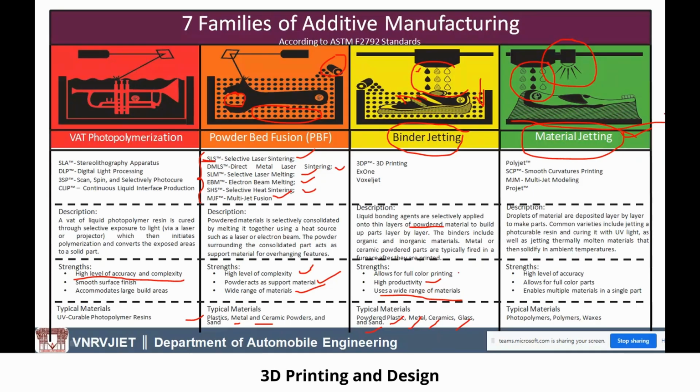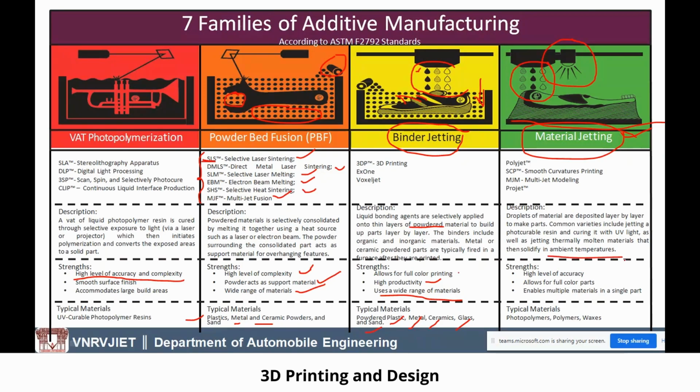That's why it is called material jetting. Material is deposited on the platform in small particles, and immediately that deposited material is exposed to heat in terms of UV light, so the powder is melted and then solidified with the help of the surrounding cooling air, under ambient conditions.